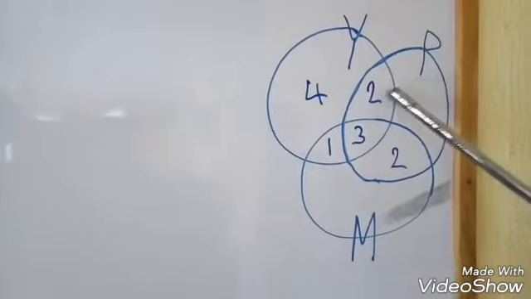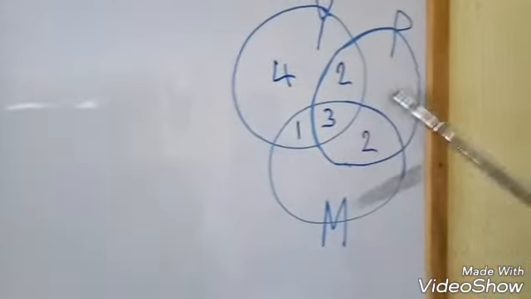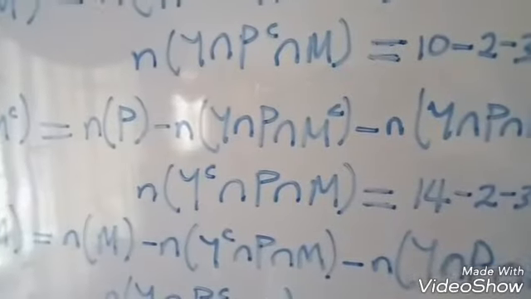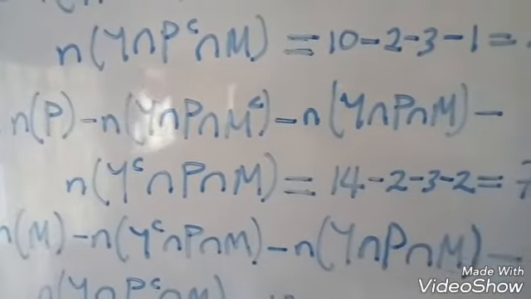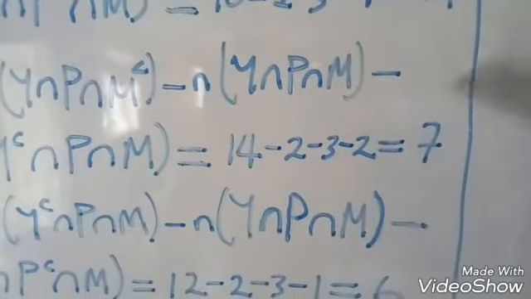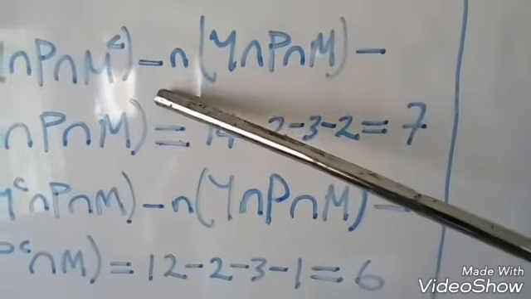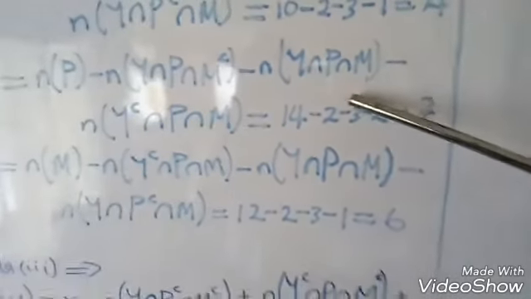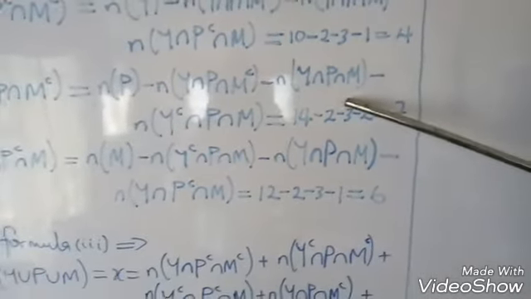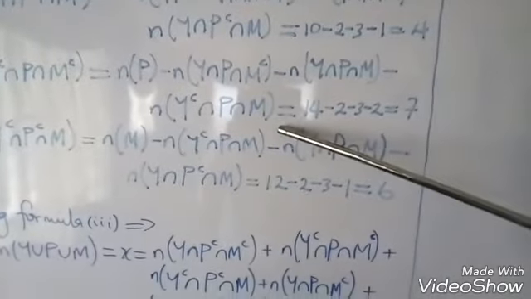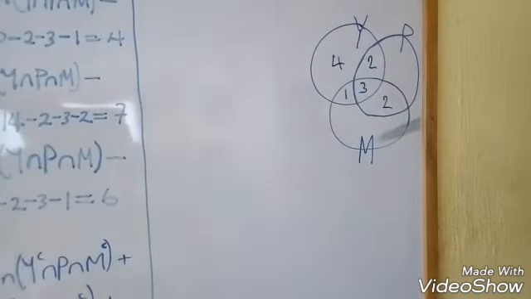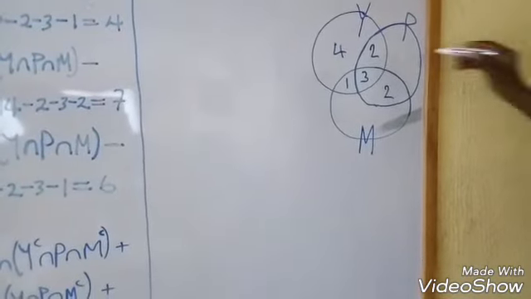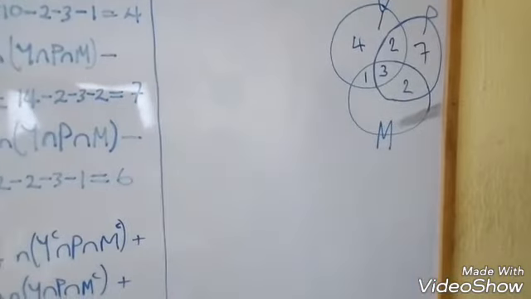So 14 minus this, minus this, minus this will give us this. n of y complement intersection p intersection m complement is equals to n of p minus n of y intersection p intersection m complement minus n of y intersection p intersection m minus n of y complement intersection p intersection m, which is 14 minus 2 minus 3 minus 2. That will give us 7. So this one is 7.